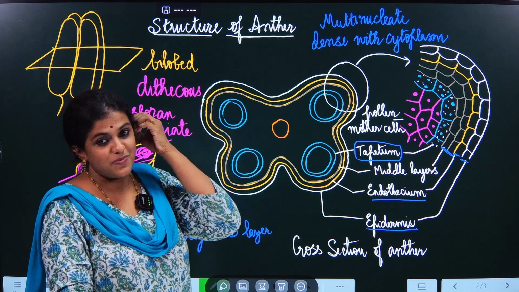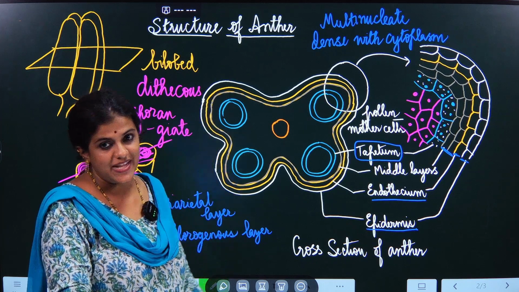So it is not tetrasporangiate, it is just bisporangiate.